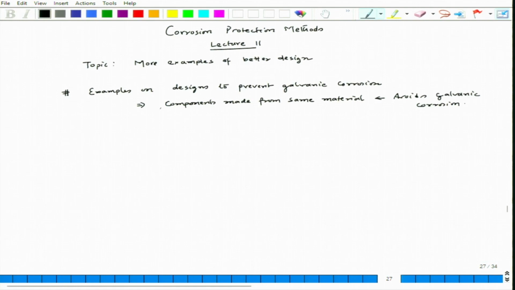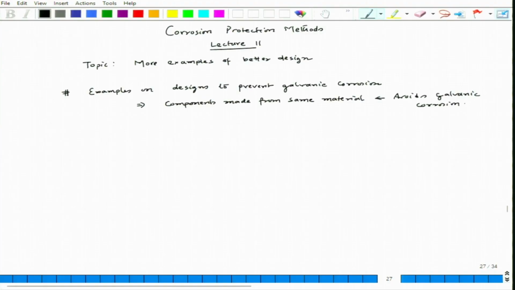This is literally impossible in some cases like fasteners. In case of fasteners, the fasteners must have higher strength than the materials which are being fastened. That means the material composition will be different, sometimes the microstructures will be different, so it might have a different galvanic potential compared to the metals which are being fastened.